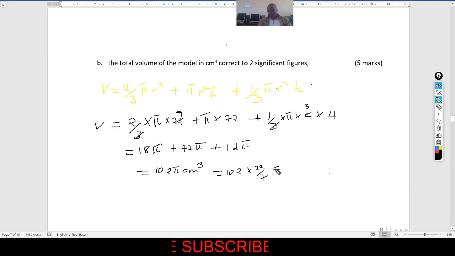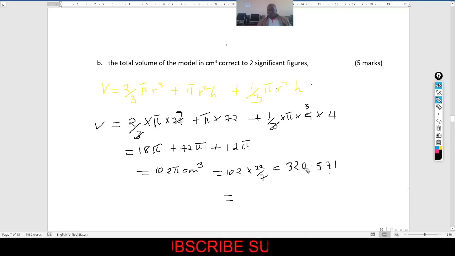Using your calculator, 102 times 22/7 gives 320.571, but I'm told to give it to two significant figures.